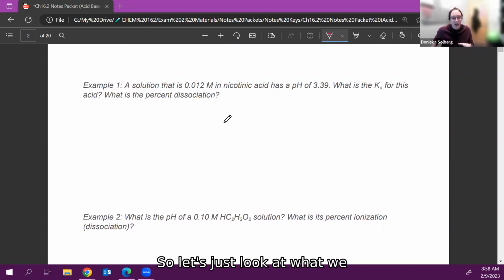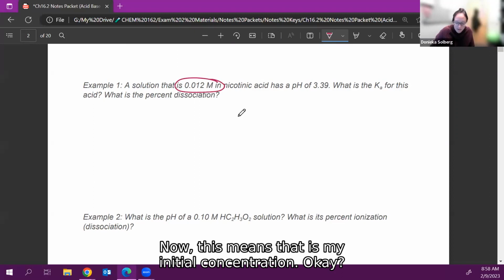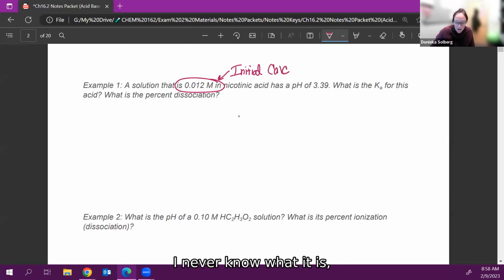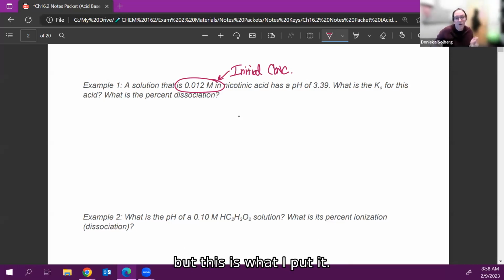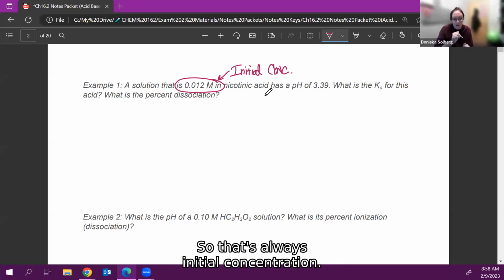So let's just look at what we have and what we're trying to find. Okay, a solution that is 0.012 molar. Now, this means that is my initial concentration. I never know what the concentration is at equilibrium unless I literally say at equilibrium, but this is like what I put in. So that's always an initial concentration.